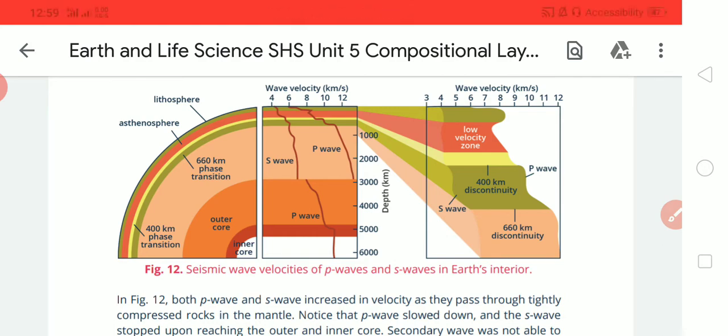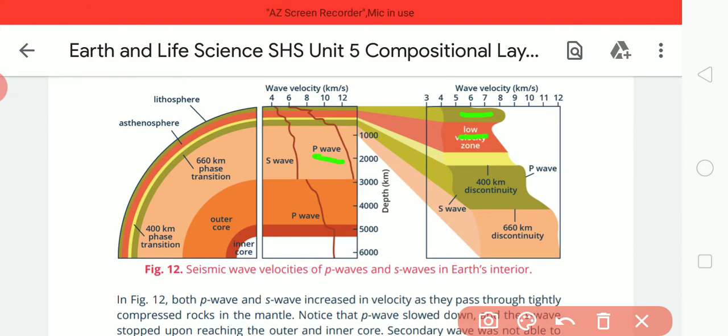P waves penetrate the crust, the lithosphere, and the asthenosphere, I mean those layers going toward the mantle. Then the P wave even reaches the inner core.